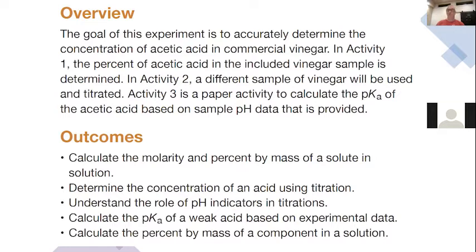And so we can actually from this experiment figure out what it is. And then we're going to calculate the percent by mass of acetic acid in vinegar, because that's how it's sold. For the vinegar that comes in the kit, you should get a percent by mass of around 5%, because that's how commercial vinegar is sold, by percent mass.